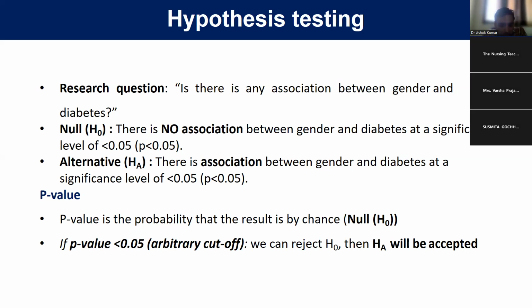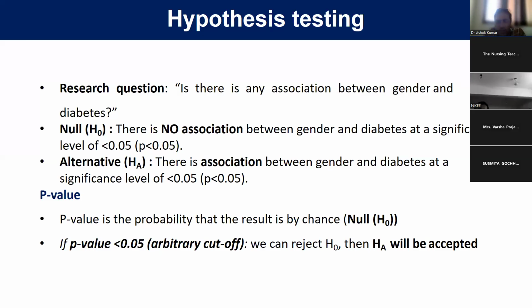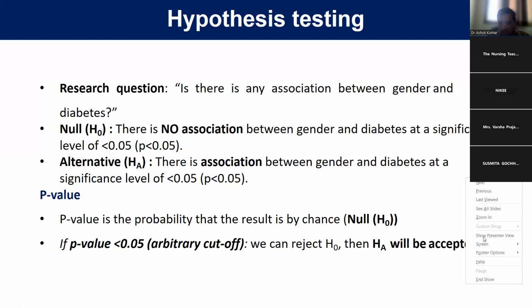If we get a p-value less than 0.05, we can reject the null hypothesis H0 and accept the alternate hypothesis. So what is our research question?